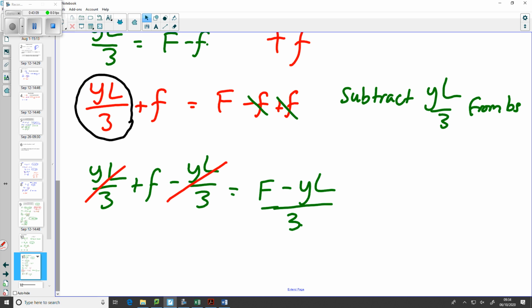And if it looks like you're going to end up with a negative result, just add it to the other side and subtract the bit that's on that side to get it positive. That's the easiest way to do it. So our final answer is that F is equal to F minus YL all over 3. That's all there is to it.